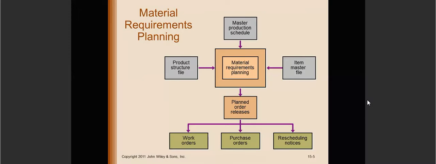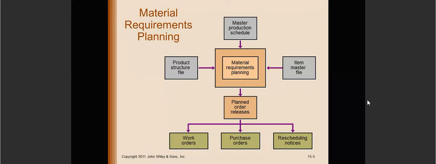In order to develop the material requirement planning, we need three components of input: the master production schedule, the item master file, and the product structure file. These three components are very important.